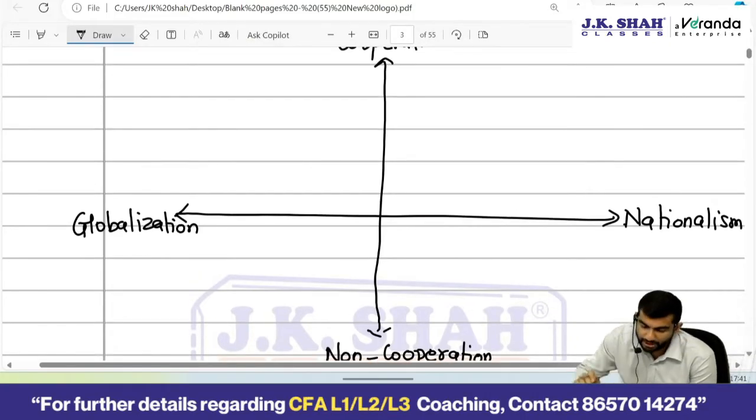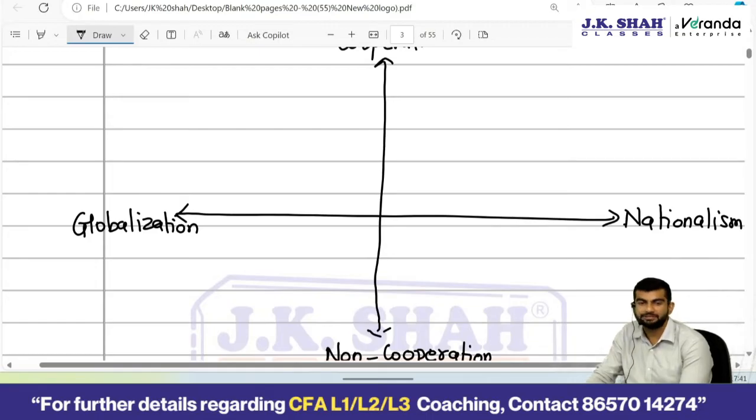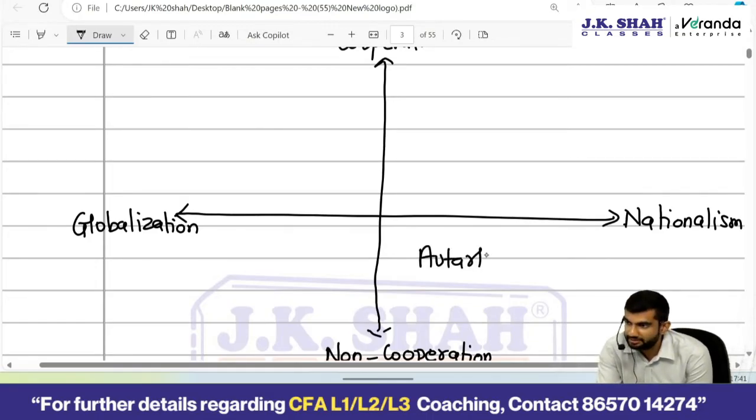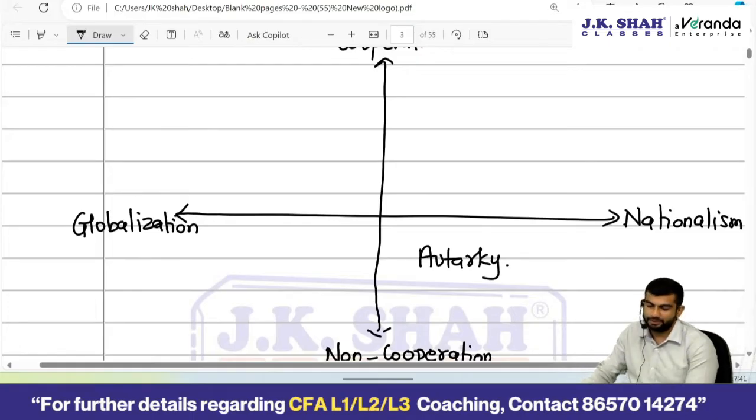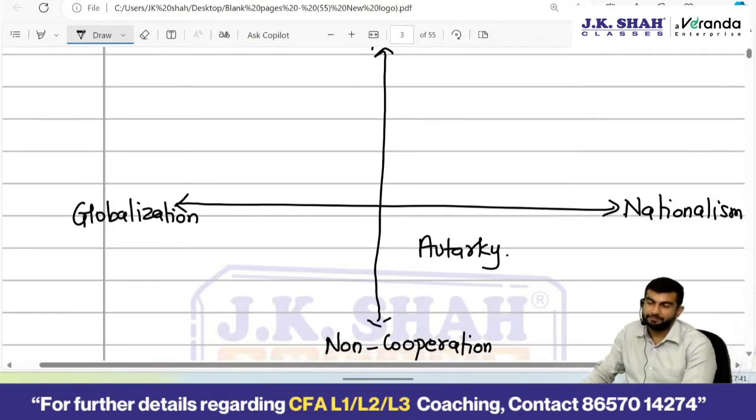Okay. Non-cooperation plus nationalism. Do you call such a country what? Autarky. Closed economy. North Korea. Okay. Globalization plus non-cooperation. Hegemony. US, China.